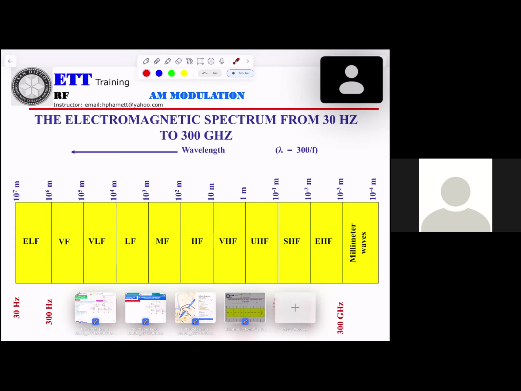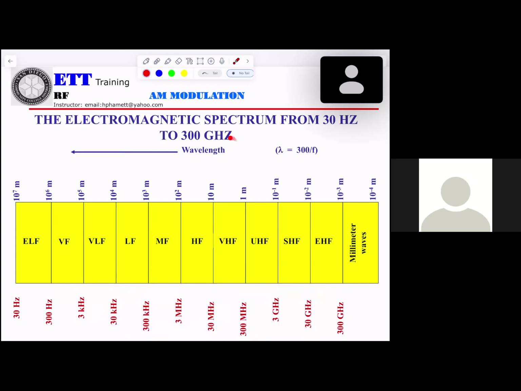This will be the electromagnetic spectrum, okay, from 30 hertz up to 300 gigahertz. They already tell you what frequency to what frequency for the other bands like LF, MF, SF, VHF, and so forth.